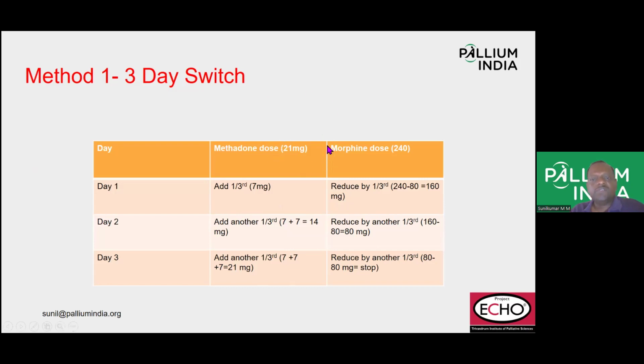You calculated a total dose of 21 milligram, so 1/3 of that would be 7 milligram, and you have to reduce morphine by 1/3. So you add 1/3 of methadone and reduce morphine by 1/3. And on the second day, you add another 1/3 of methadone and reduce morphine by another 1/3.